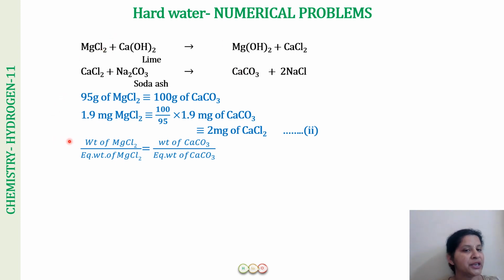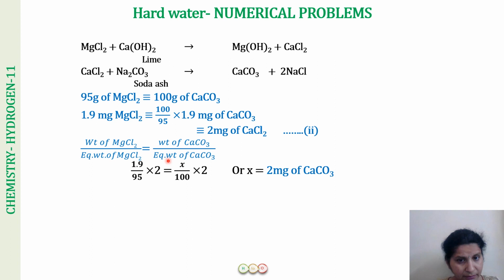Therefore, weight of magnesium chloride over equivalent weight of magnesium chloride is equal to the weight of calcium carbonate divided by the equivalent weight of calcium carbonate. Put down the values, and you will get X, the weight of calcium carbonate, equal to 2 milligram. This is what you found from the mole concept. But there you had to think of so many reactions, which I hope you do not like. If you learn the equivalent concept, this is going to be really very easy for you.